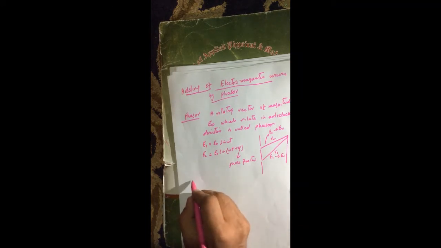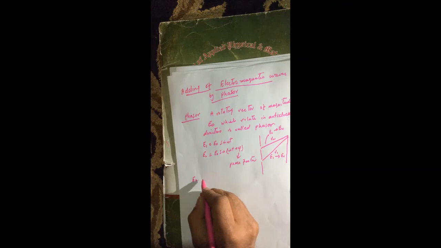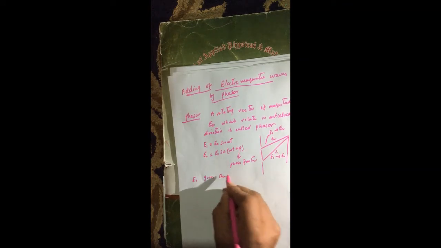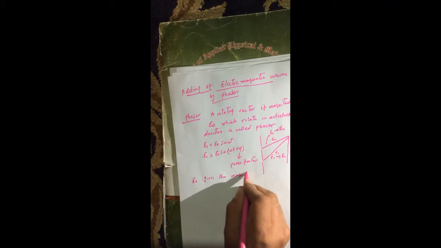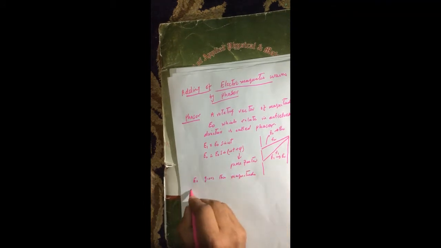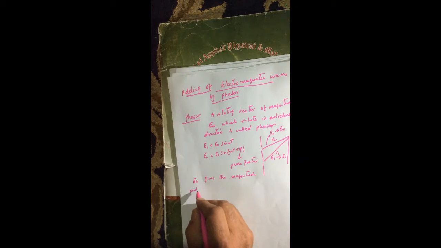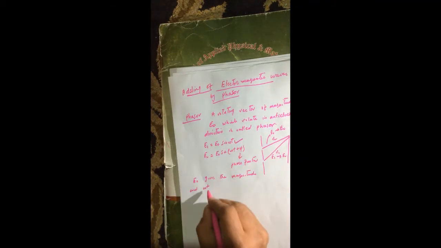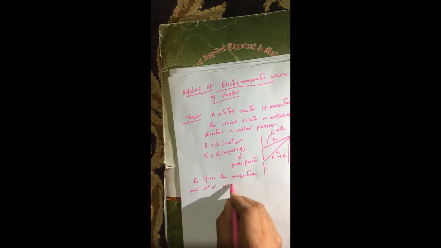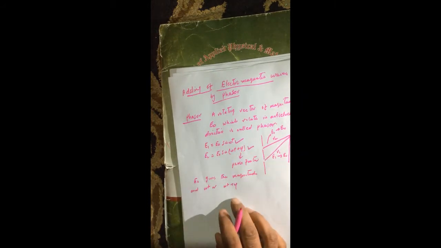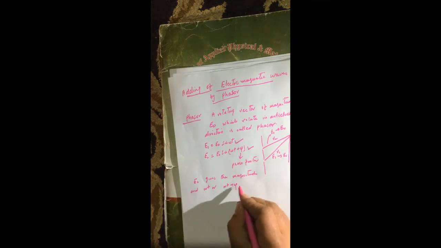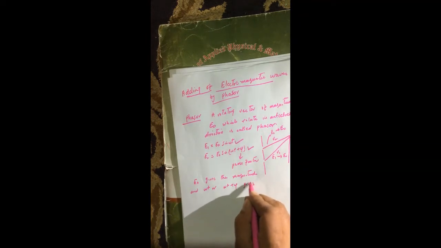Now in these two vectors, E naught gives the magnitude, and omega t for this vector or omega t plus phi for this vector gives the direction of the two vectors.